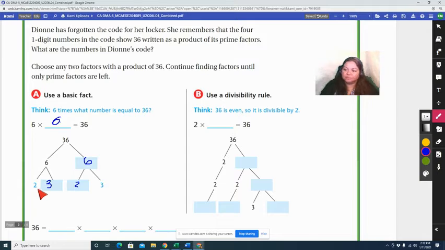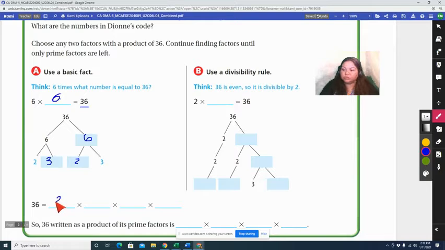That means that when I multiply all these numbers together, I will get 36. So 36 is equal to 2 times 3 times 2 times 3. These are my prime factors.